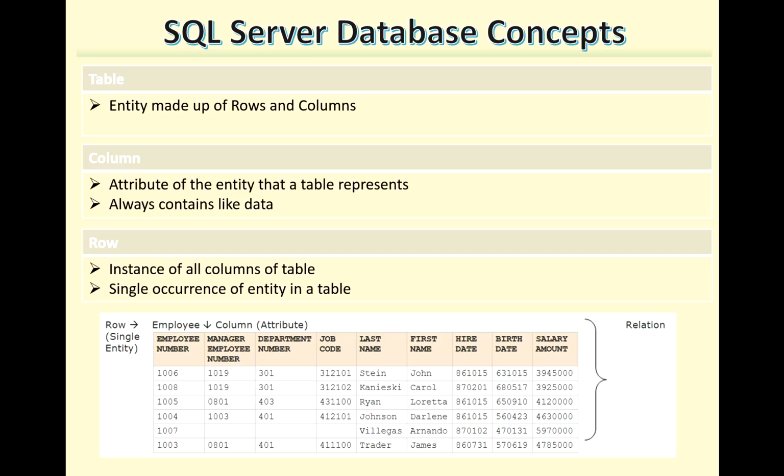Either Steen John does not have a middle name, or we don't know Steen John's middle name, or we haven't yet loaded that value into the table. There are multiple interpretations of null. Either the data is not there, or we don't know the data, or we haven't yet loaded the data.